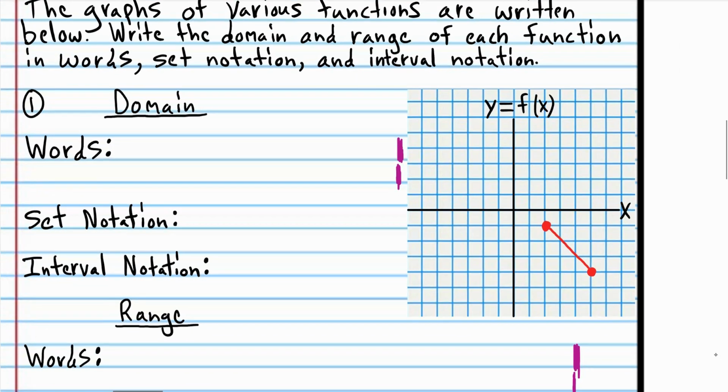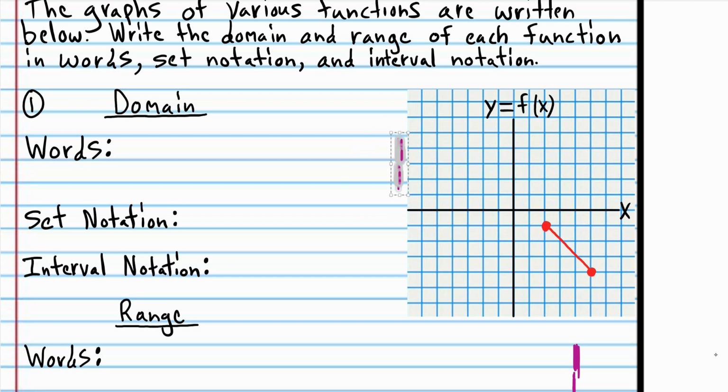So if you look at this graph, all the points on that segment have x values that are between 2 and 5. So if you look at all these green points on that red segment, all the points have x values that are between 2 and 5.